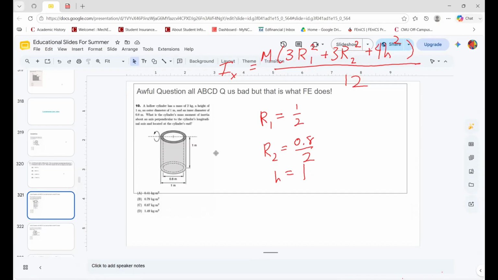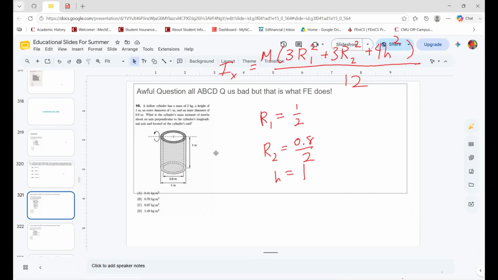Mass is 2 kilograms multiplied by parentheses 3 multiplied by R1, which is 1 divided by 2, squared, plus 3 multiplied by 0.8 divided by 2, squared, plus H squared, which is 1 squared. Please don't say there's a syntax error because I didn't parenthesize everything. That would be a heartbreaker because I'd have to fix everything. I need parentheses on that, but I don't think we need to, we'll just do it for fun.